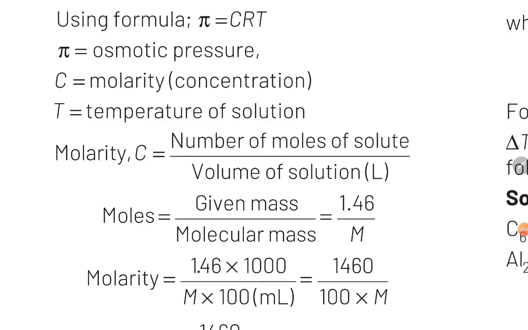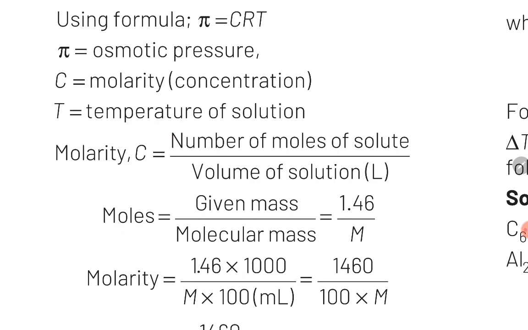Yes students, आप यहाँ ऑब्जर्व कर सकते हो that the formula for osmotic pressure is given by pi is equal to CRT. Guys, in this equation, C is concentration of solution which is represented by molarity. Guys, concentration or molarity is equal to number of moles of solute divided by volume of solution in liters. Guys, in this question, volume of solution has been given in milliliters and therefore we'll multiply by 1000 in the numerator in the formula of molarity.